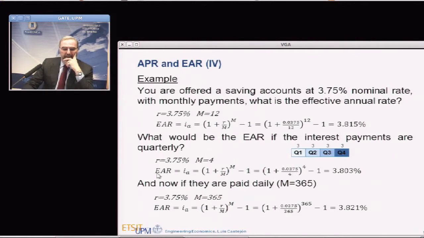So you can calculate that the effective annual rate, in that case, of the 3.75 nominal rate, in case of quarterly payment, is 3.8%. And if you are paid daily, M equal to 365 time periods, the interest rate is 3.8821.